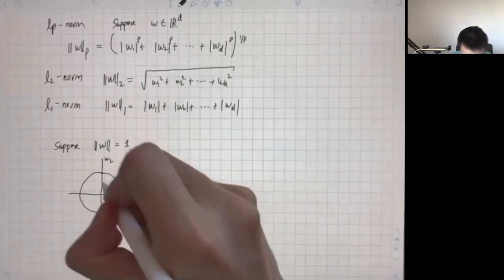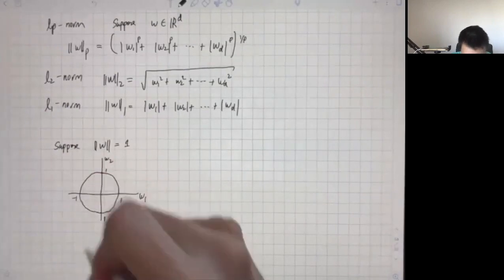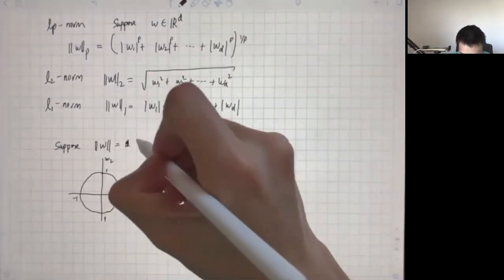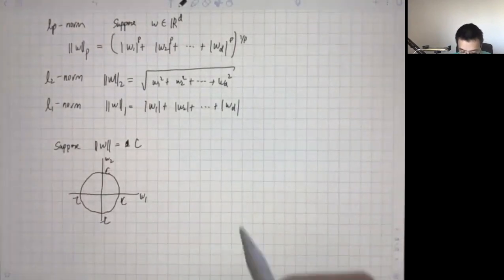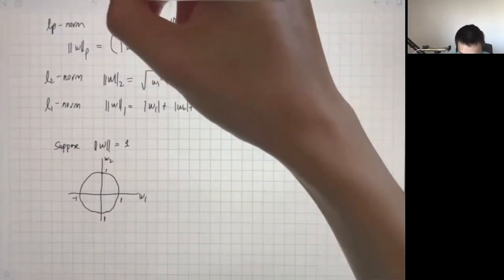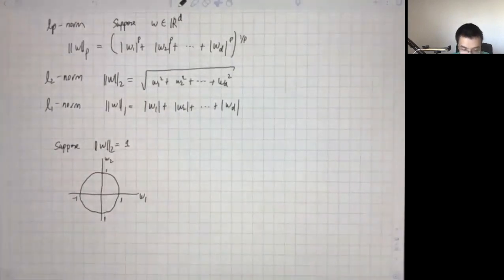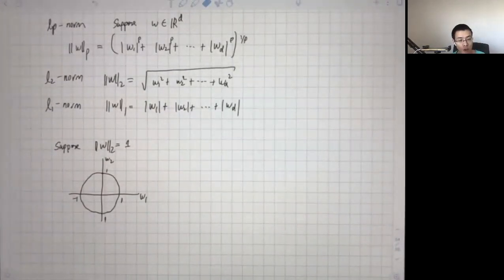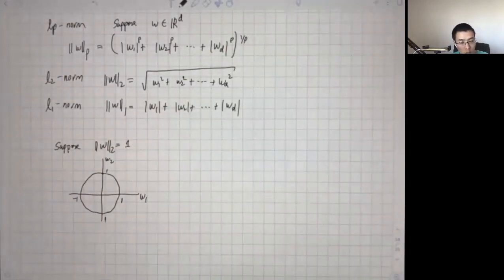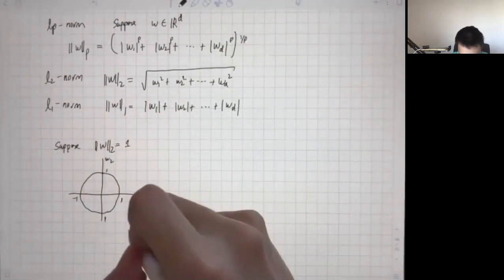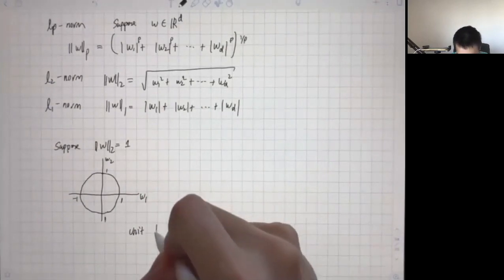This point is 1, this is 1, minus 1, minus 1. If this is C, of course, this becomes C, C, minus C, minus C, but I just assume it's 1. This is the L2 norm. A vector with L2 norm being 1 is a ball with a radius of 1. This is known as the unit ball of the norm.